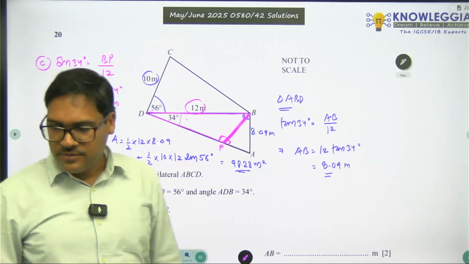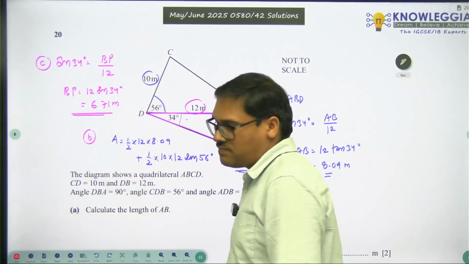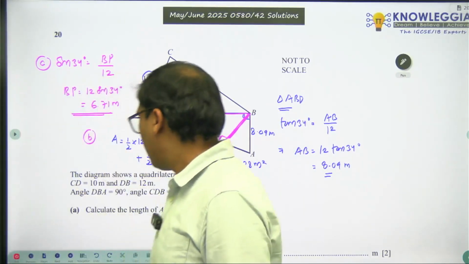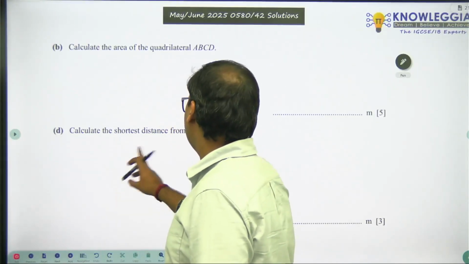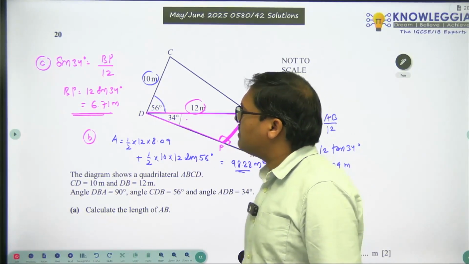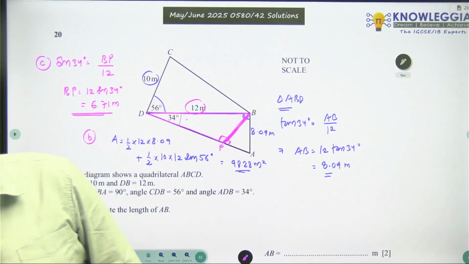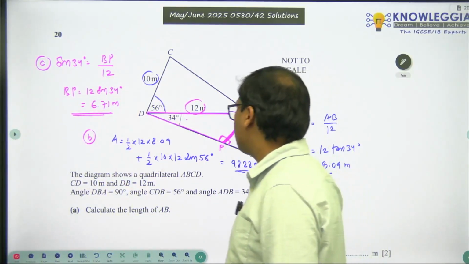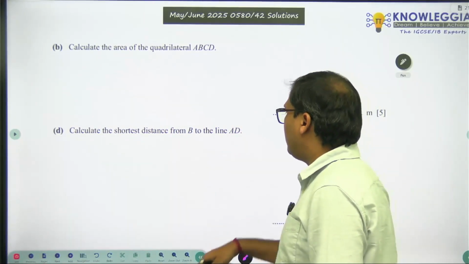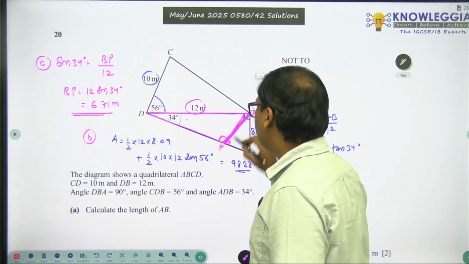I hope this is clear. Let's check the answer. The question was to calculate the distance of B from AD. So this is the length of B from AD, which is equal to 6.71. This is the shortest distance from B to line AD, that is this distance.